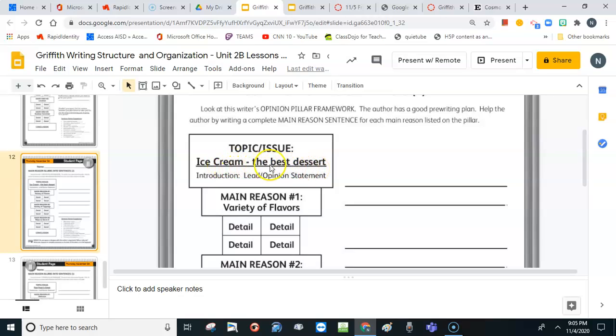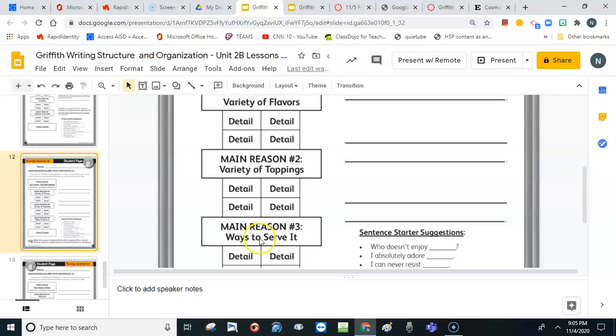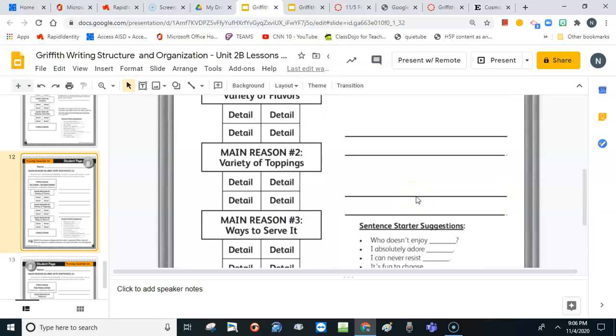So the author is saying that ice cream is the best dessert, and they have 3 reasons why: the variety of flavors, the variety of toppings, and ways to serve it. And then you're going to use these sentence starters here to write sentences on the side for each main idea blurb. Work with your partner so that you guys can decide.